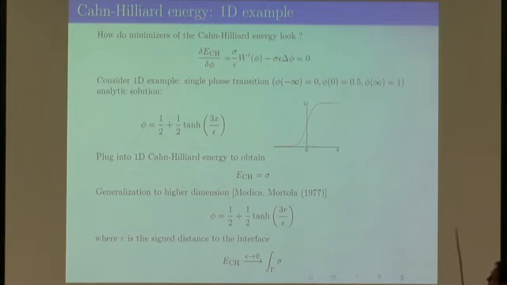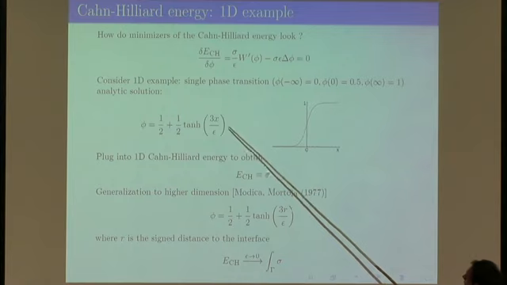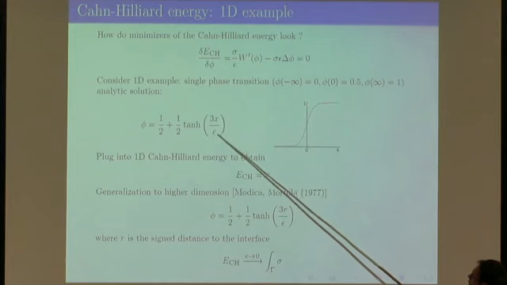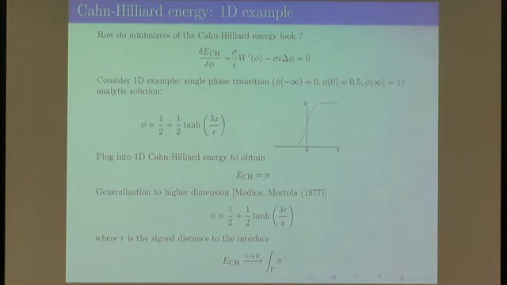And there we see that the phase field has a tanh structure, where the x variable, the space variable, scales with epsilon. So that confirms that the interface thickness is proportional to epsilon.